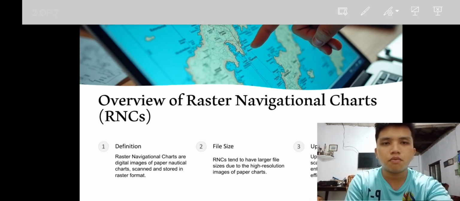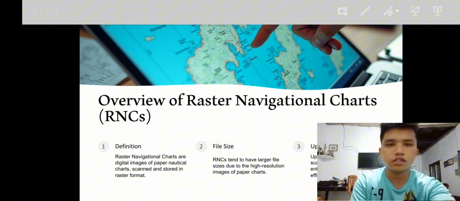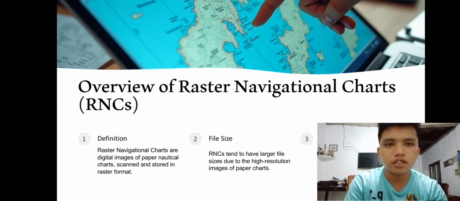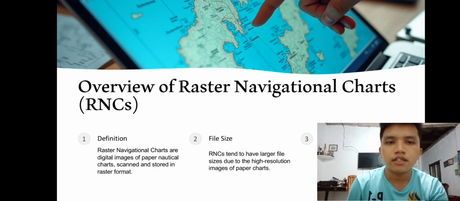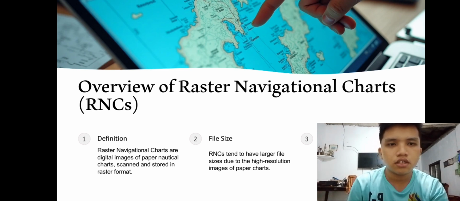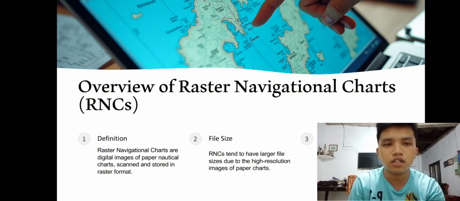So, overview of raster navigational charts, or RNCs. Raster navigational charts are digital images of paper nautical charts scanned and stored in raster format. The file size of raster navigational charts tends to be larger due to the high resolution image of paper charts.